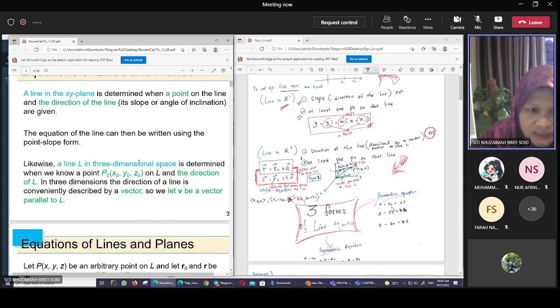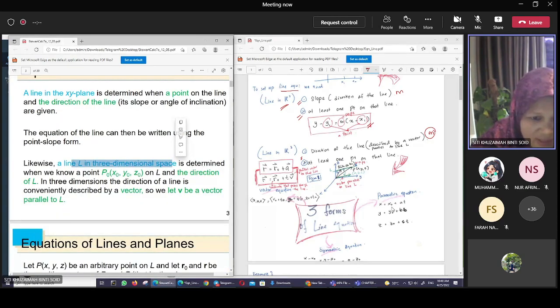In three dimensions, we must have the direction of L, described by a vector. Normally it is described by a vector, and the vector here must be parallel to the line that we are looking for. If you see from the notes, it is different from the plane equation.